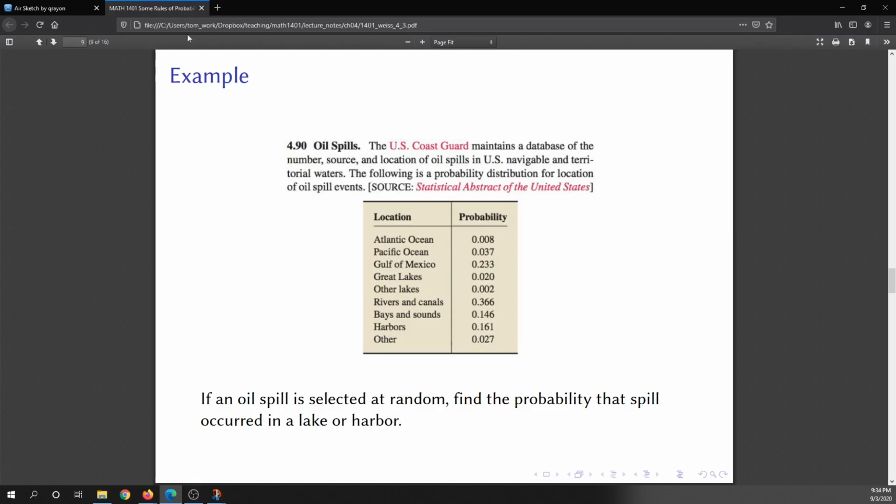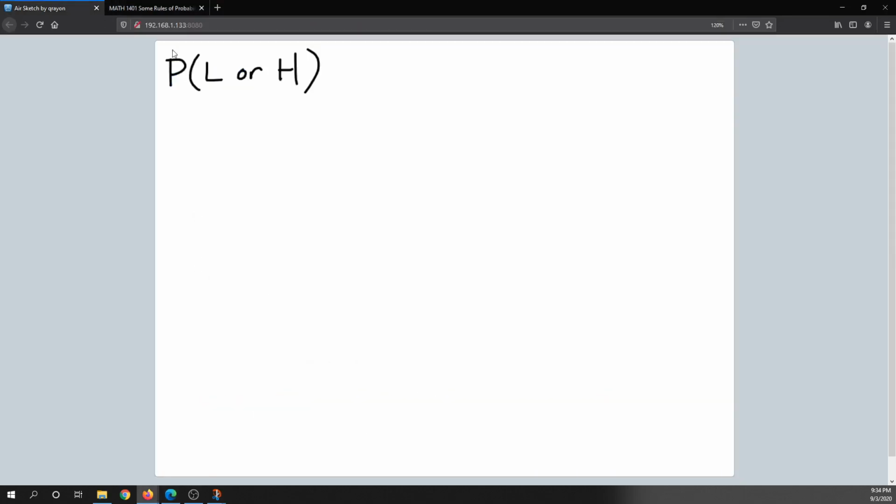So going to the addition rule, I have to decide, am I going to use the general addition rule or the special addition rule? I'm calculating the or of these two events, so I'm going to be using one or the other. So I have to ask myself, is it possible that an oil spill occurs in a lake and also at the same time in a harbor?